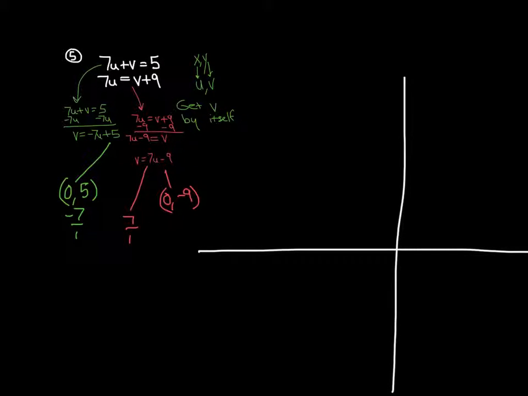Okay, 0, 5, 1, 2, 3, 4, 5. 0, 5, and then we're going to go down 7 over 1. So 1, 2, 3, 4, 5, 6, 7, and then over 1.